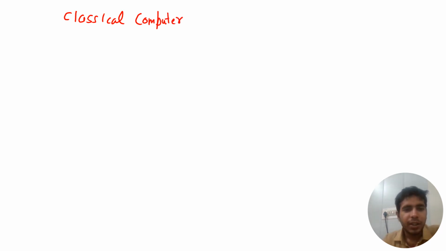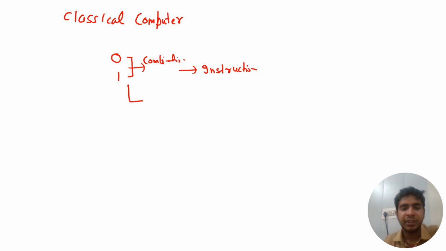In classical computers, basically there are transistors, processors, and you have mainly binary digits, that is zeros and ones. Using the combination of zeros and ones, you can create various things. Using this combination, you can specify instructions, and you can create a decimal number.